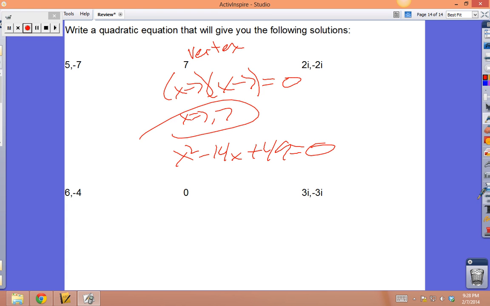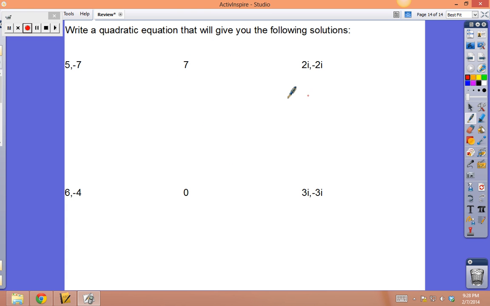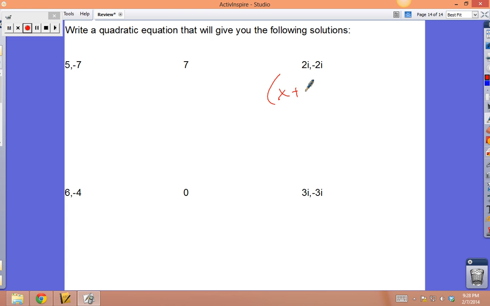Okay, you can do the imaginaries the same way. It's going to be x plus 2i times x minus 2i, and this one, if I plug it in here, that will give me 0, and this one, if I plug in here, will give me my 0.